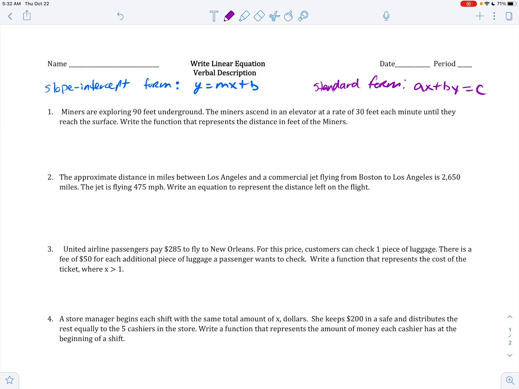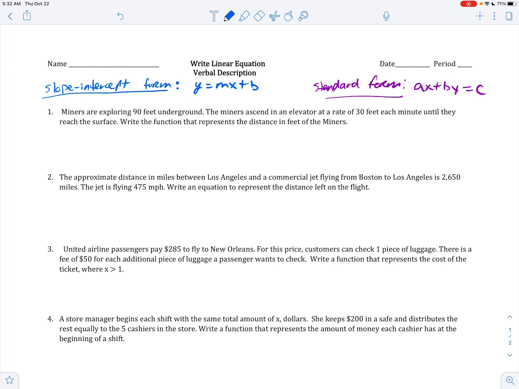All right, so these are our two forms. We might need point-slope form, but 9 times out of 10 we won't. So we'll leave it like this.